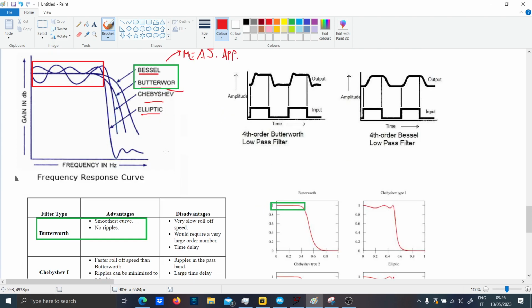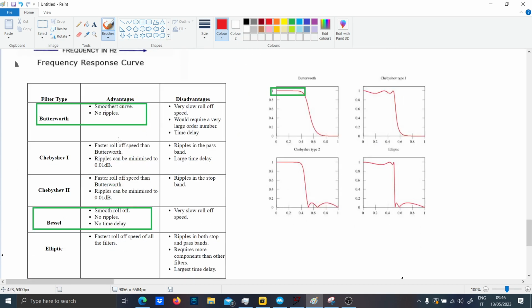Now let's talk about the Elliptic and the Chebyshev. As you can see, the Elliptic and the Chebyshev have this kind of ripple in the passband. So what does it mean?